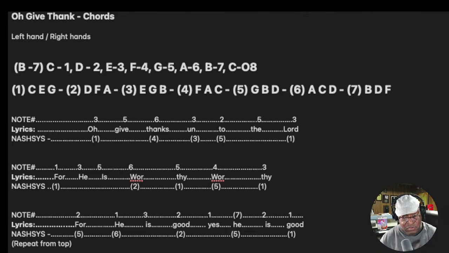So it's the number system for melody, the number system for chords, and then matching up from the Nashville number system what chord best supports the number system for the melody. Giving the lyrics so that you know that this lyric note is being assigned this Nashville chord.